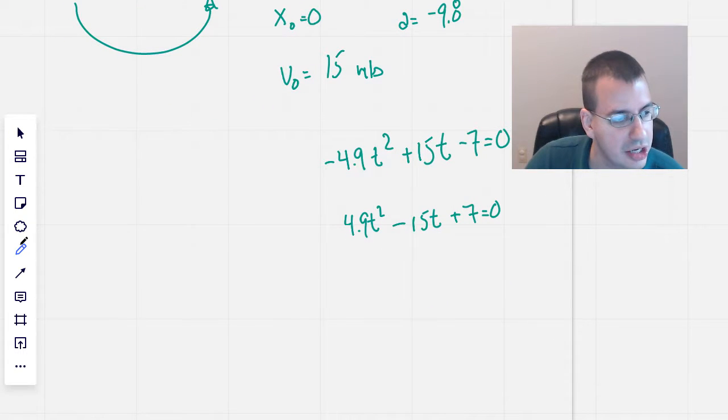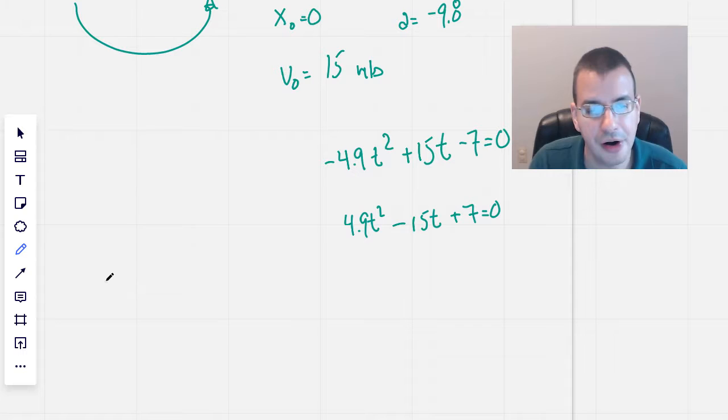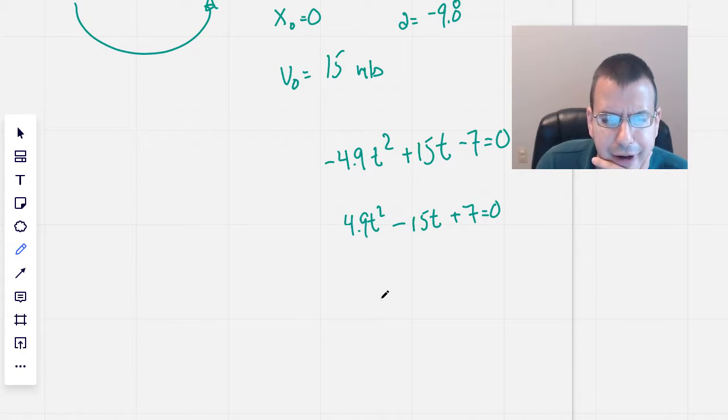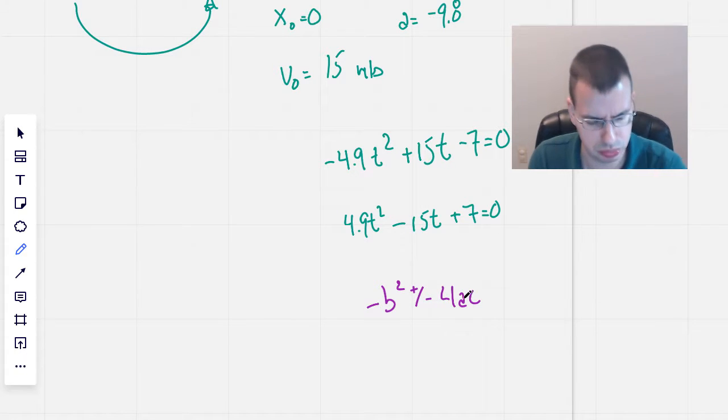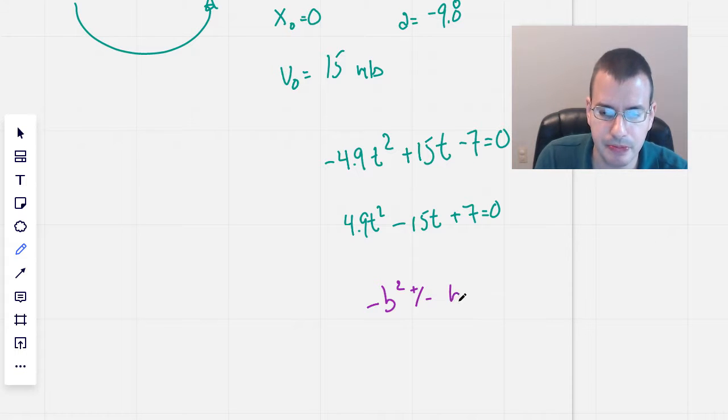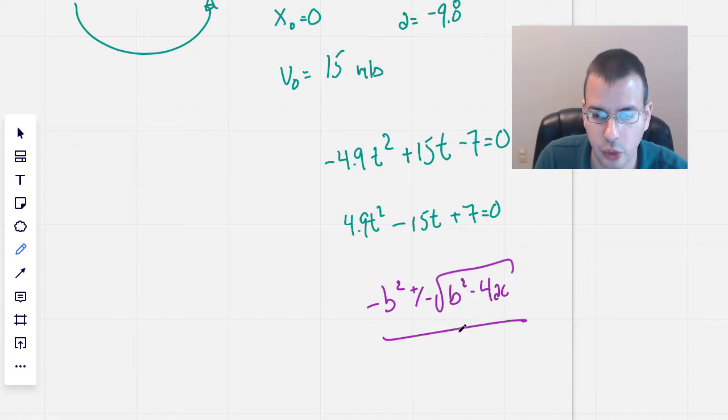Do our quadratic formula. Negative b plus or minus the square root of b squared minus 4ac, all over 2a.